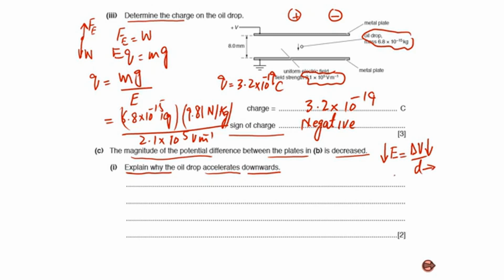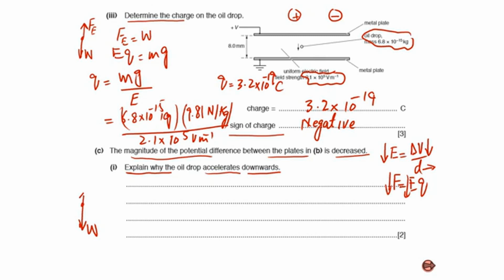And also we need to understand F is equal to E times Q. So if E goes down, F also has to go down. As the mass is not changing, the weight is constant. So we will see the electric force decrease.